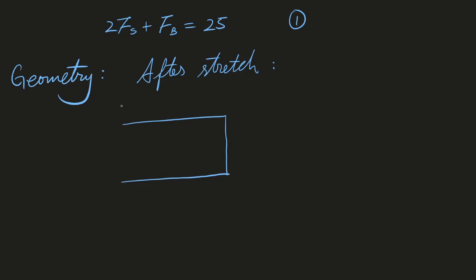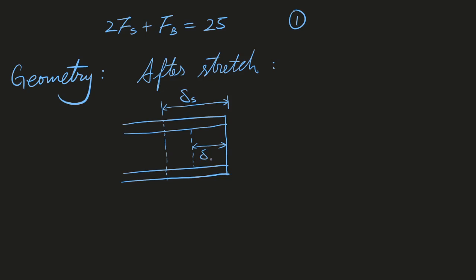this is the length after stretch, but to draw on top of this, one sec. Okay, this distance is the original length of steel. So steel totally stretched this distance, call that delta S. This distance is how much brass is stretched by.